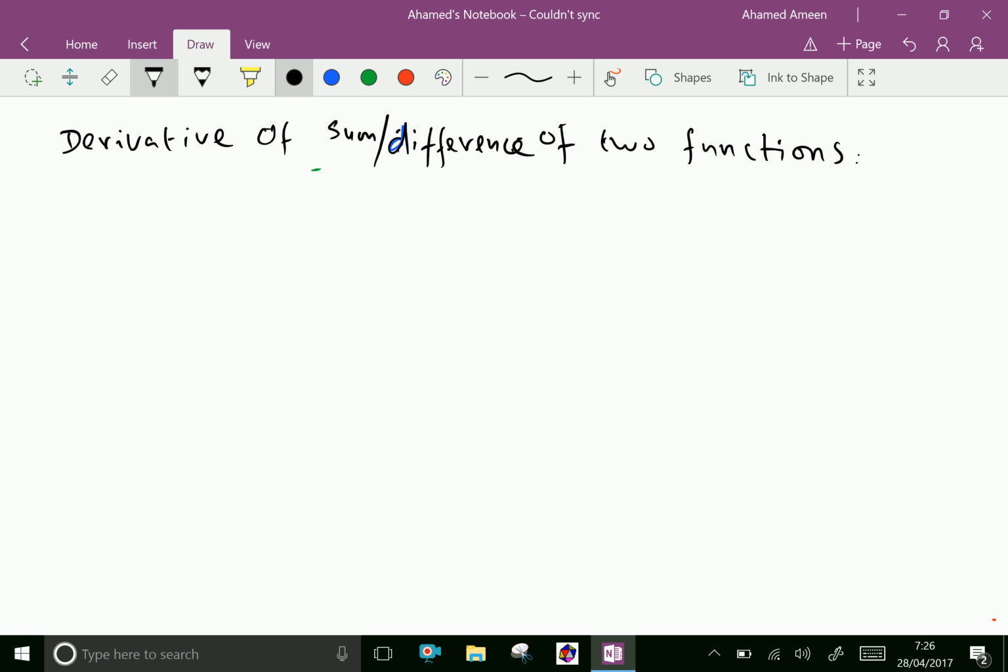Means f of x plus g of x whole dash means derivative of the sum of the two functions is equal to f dash of x plus g dash of x, means derivative of first function plus derivative of the second function.